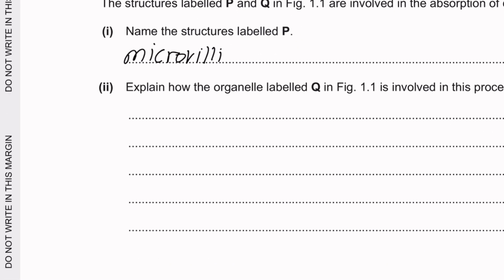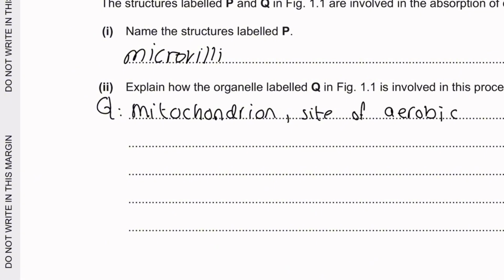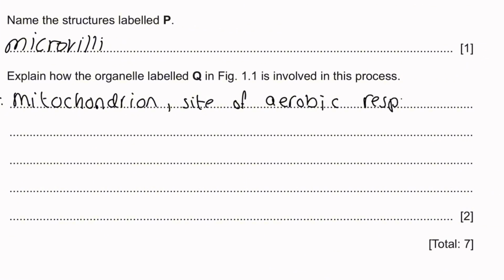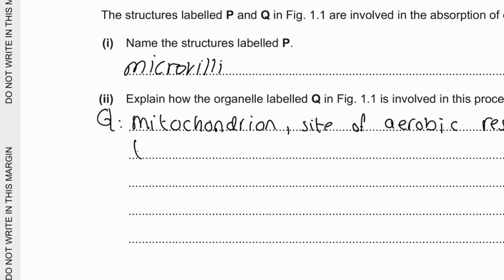So mitochondria, which is the site of aerobic respiration, which is important to produce ATP.